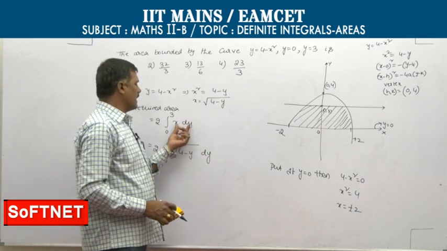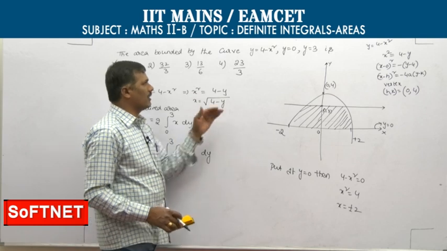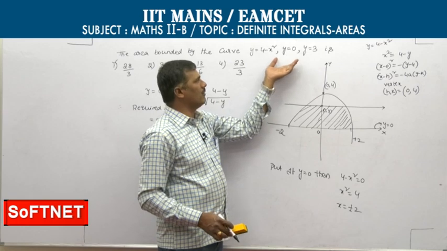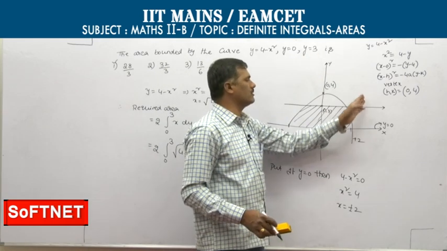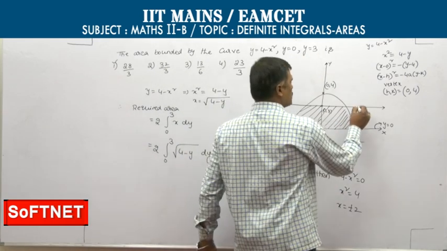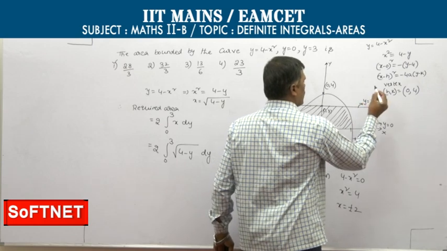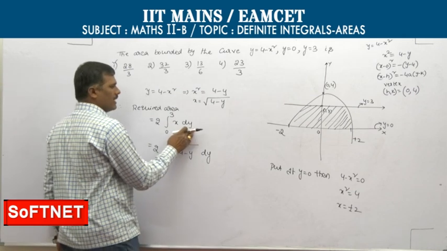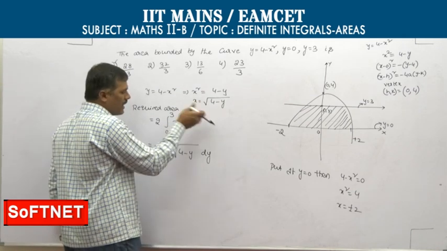Why we take x in terms of y here is because they clearly give y equal to 0 and y equal to 3, meaning y equal to c and y equal to d. So with the y axis, that's why x into dy, x is a function of the variable y.